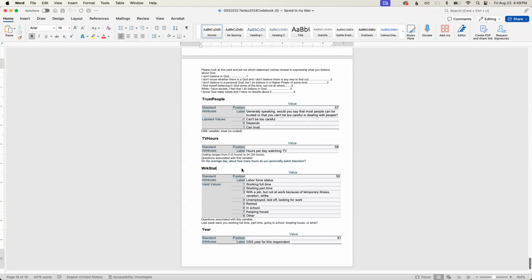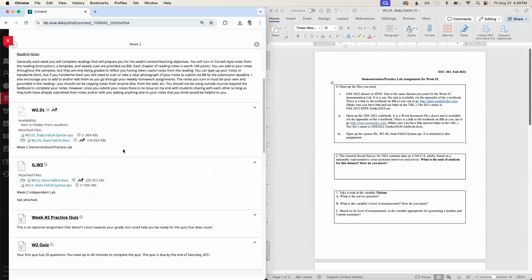Or like this one, for example, work stat is their labor force status. And so this was what were you doing last week? And the number corresponds with this. So if somebody has a 5 in the data set, then that means they're retired. Okay. And then the syntax is programming language. So let me open that up.